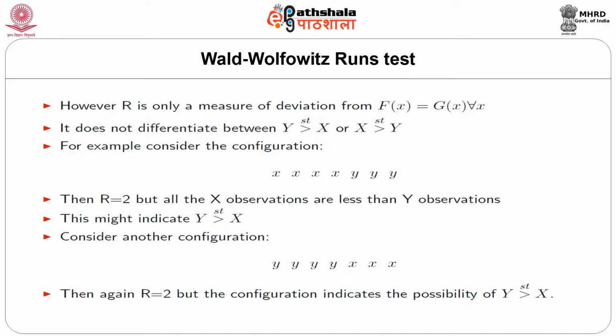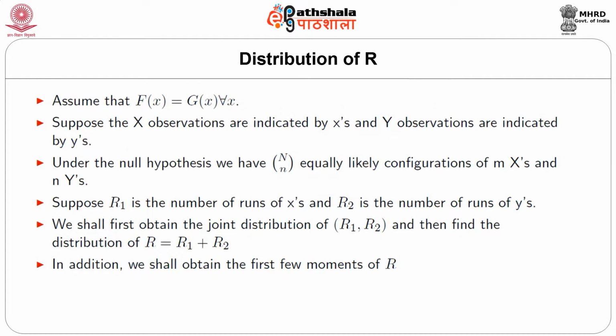This might indicate that Y is stochastically larger than X. Next, consider another configuration, that is 4 y's in a row and then 3 x's in a row. Then again, the number of runs is 2, but the configuration indicates the possibility that X is stochastically larger than Y.